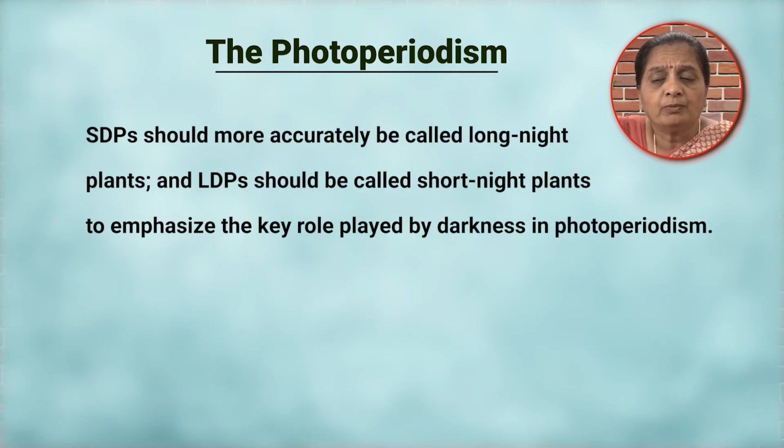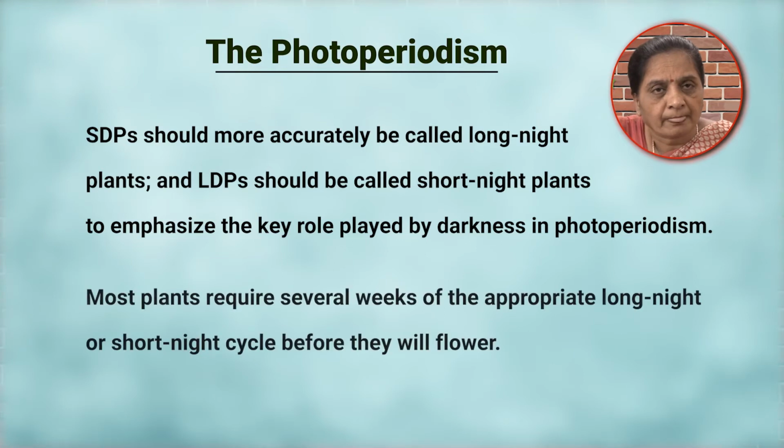SDPs should more accurately be called long night plants and LDPs should be called short night plants, to emphasize the key role played by darkness in photoperiodism. Most plants require several weeks of the appropriate long night or short night cycle before they will flower.